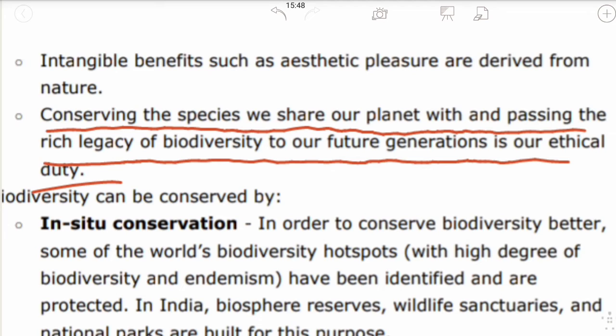Every plant and every animal is very important, and they play an important role in our life. So we have to conserve those species for our future generations, and it is our important duty, so that we can pass the rich legacy of biodiversity to them.